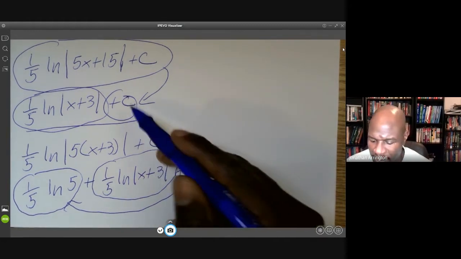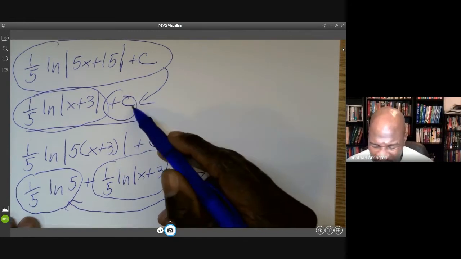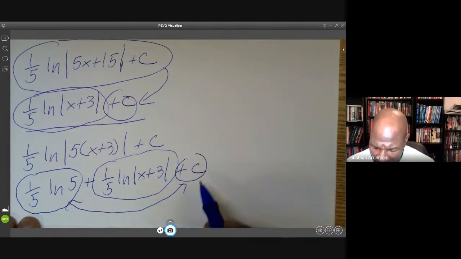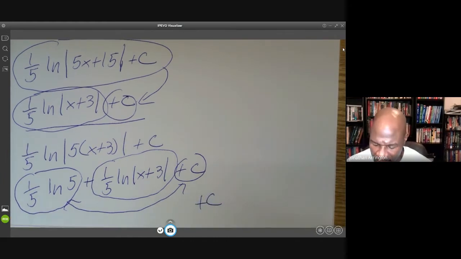We don't necessarily know what the constant is, and it could be a variety of things. It just means it's a constant. That's all this plus c means. So c plus 1/5 ln 5 is also a constant. So this is really the same thing.